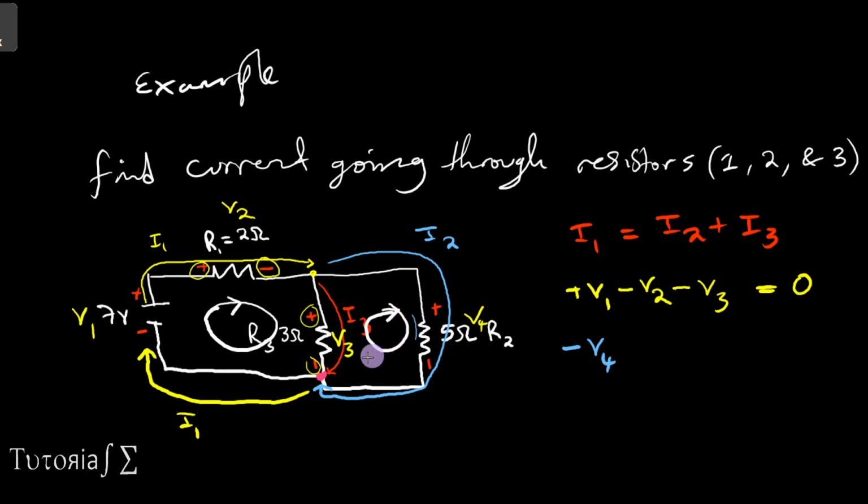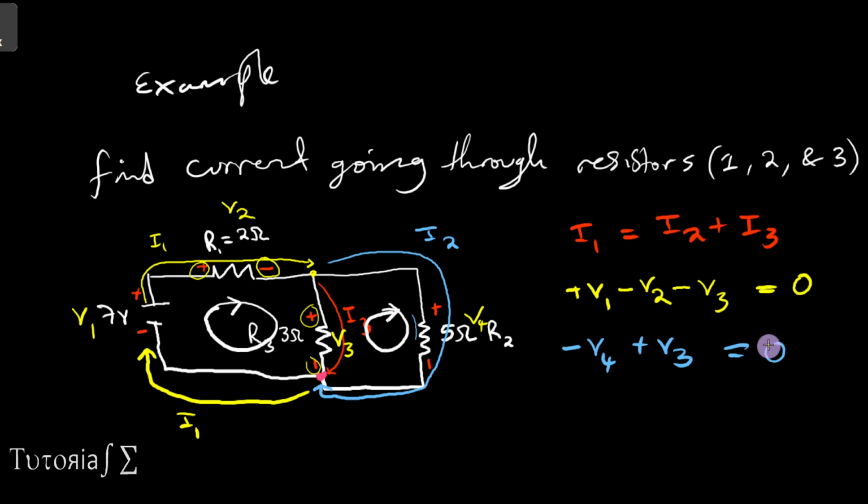Okay, then we go here, there is the second voltage. So we're moving from negative to positive, meaning that voltage 3 will be positive. So from small number to big number, so that will be positive voltage 3. And we're done with all the resistors in this loop. So this will be equal to 0.